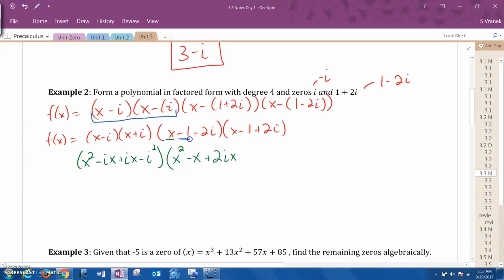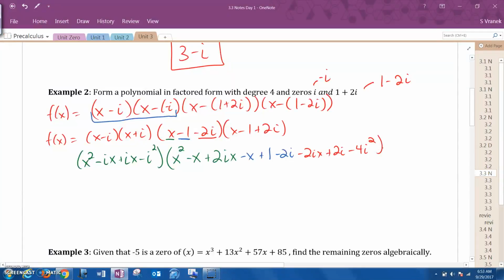Then we take this one, negative 1, and multiply it to all 3 things. So that's a minus x plus 1 minus 2i. Finally, we take the last piece and multiply it to everything, and we get a minus 2ix plus 2i minus 4i squared. Alright, so there we go.